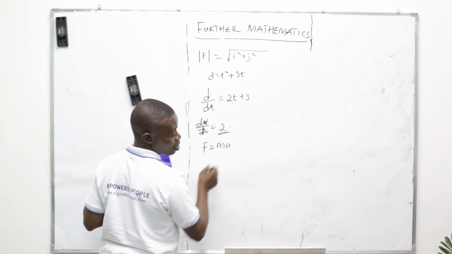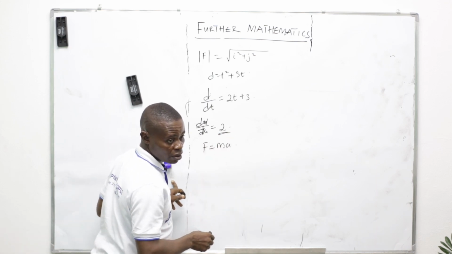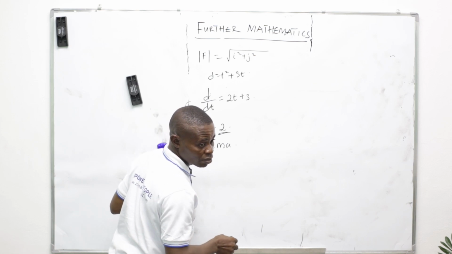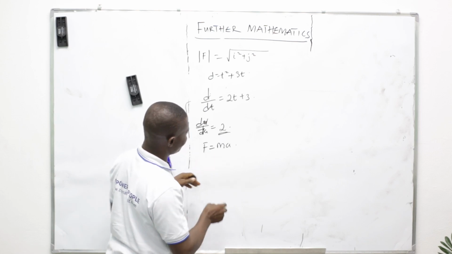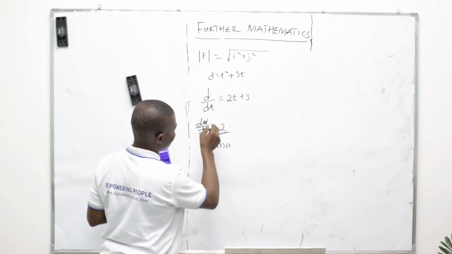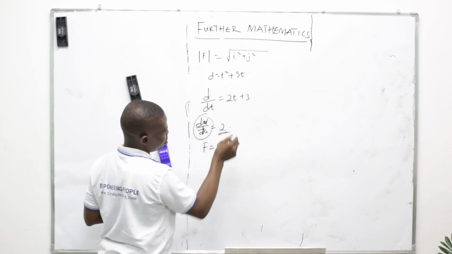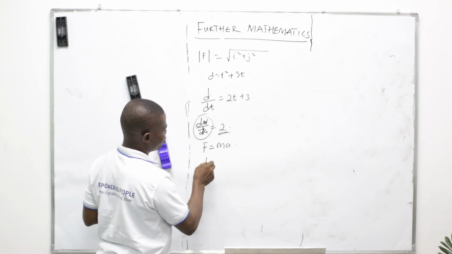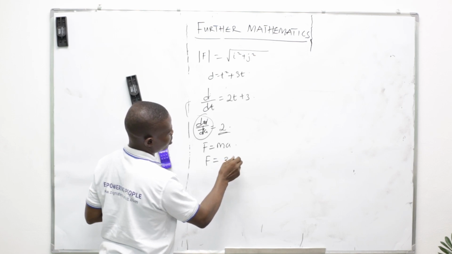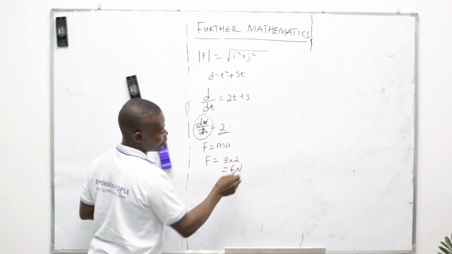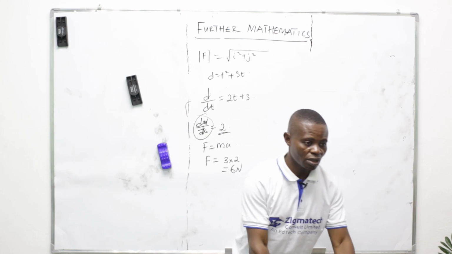If this is our a, we have mass and acceleration. The second differential equation is 2, which is acceleration. So F now equals mass times acceleration. That is 6 Newton. Option D.